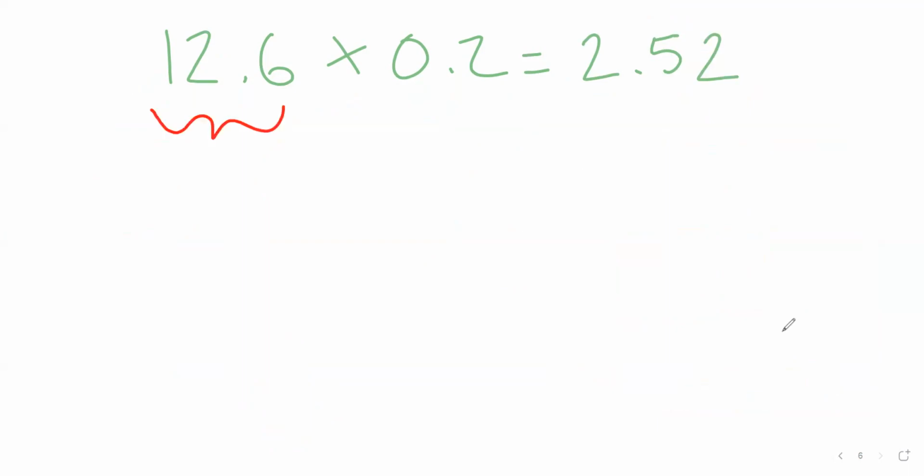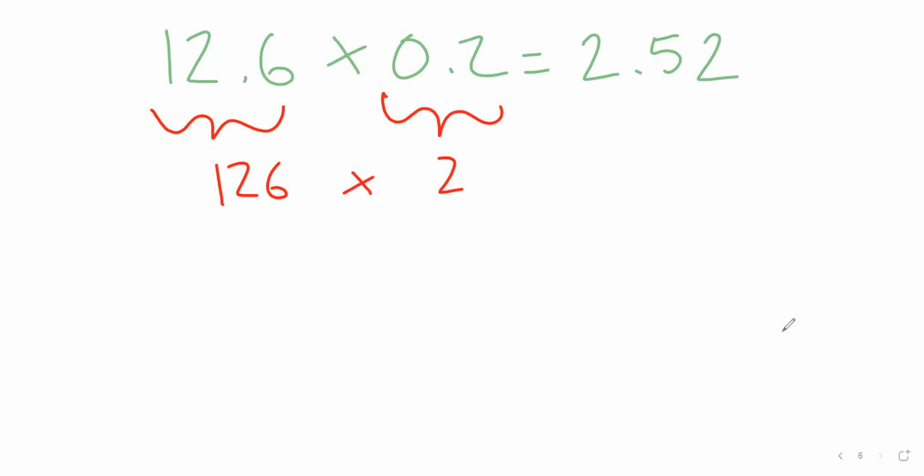So 12 and 6/10 times 2/10, and that equaled 2 and 52 hundredths, right? So we already know that, but what I'm saying is, what if we had treated this like, hey, I'm not going to expand, I'm just going to call it 126. And what if we just called this 2?